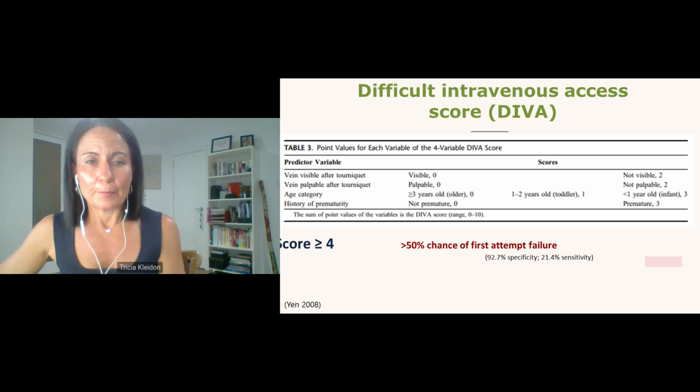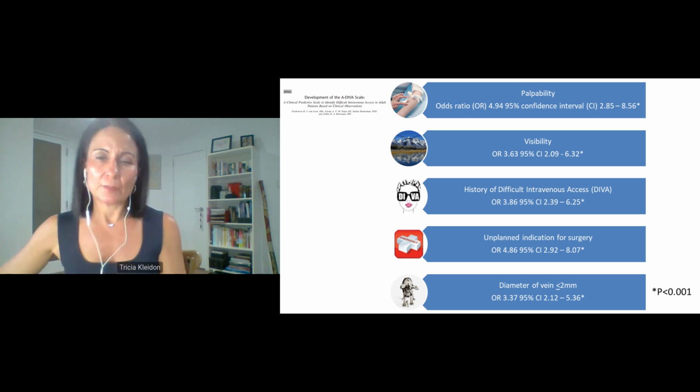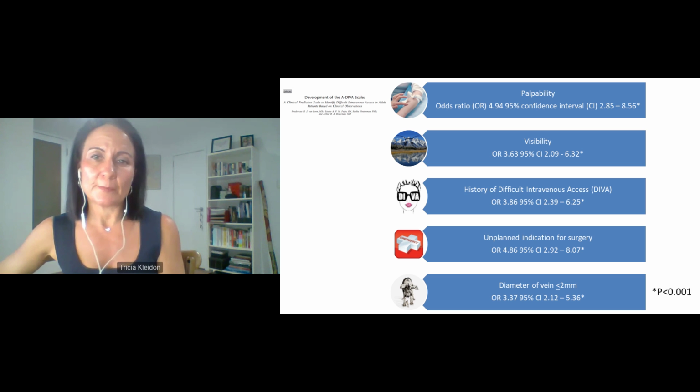So the problem with this tool is that once it identifies a patient as a DIVA, it doesn't actually tell you what to do with that patient or how to improve their chances of first-time insertion success. And similarly, in the adult population, Van Loon recently published the adult DIVA scale, and in this study, they aim to provide clinical predictors for difficult intravenous access.